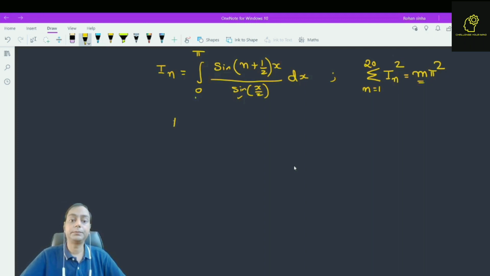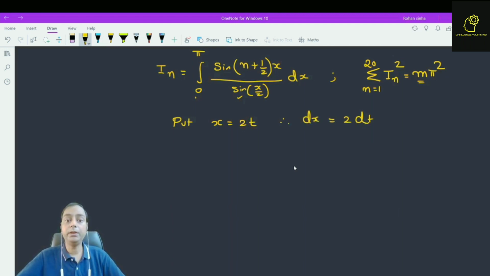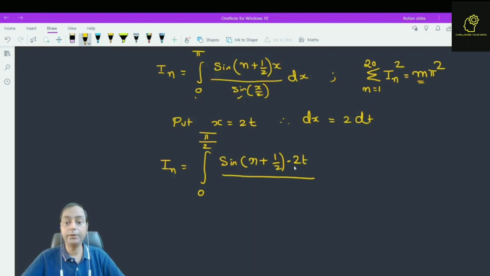Now, put x equal to 2t here. If x is equal to 2t, we obtain dx equal to 2 dt. Putting the values of x and dx in this integral, the limit is from 0 to pi/2, since if x is pi then t is pi/2. We get sin((n + 1/2) times 2t), and sin(x/2) is sin t, and dx is 2 dt.